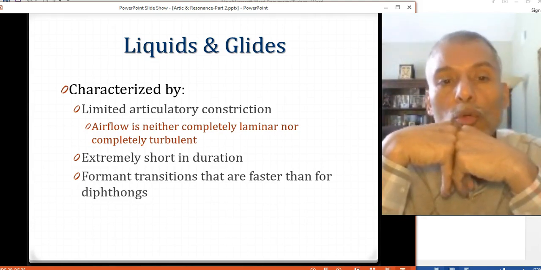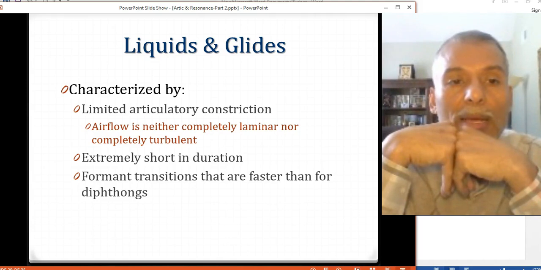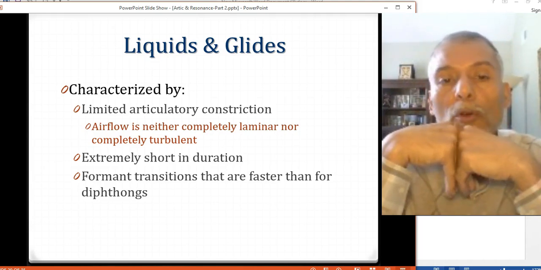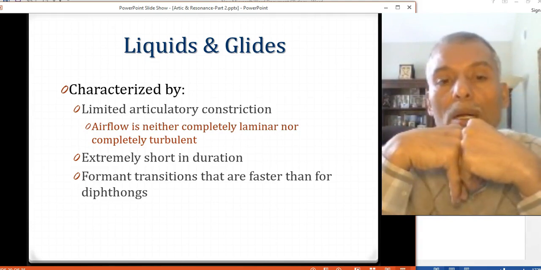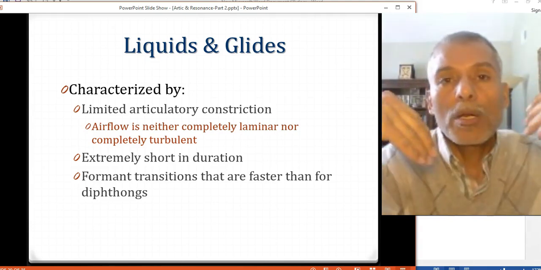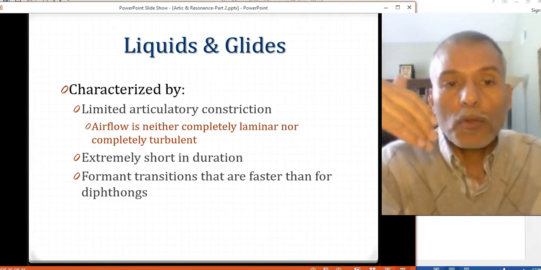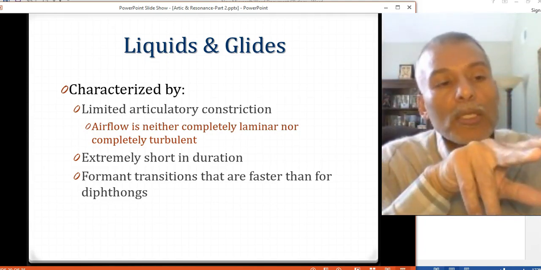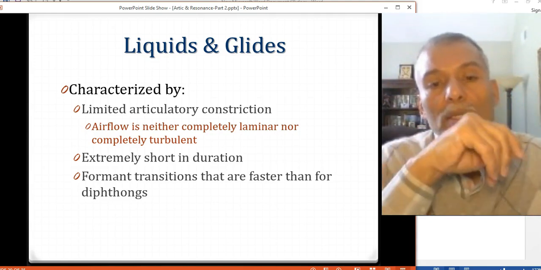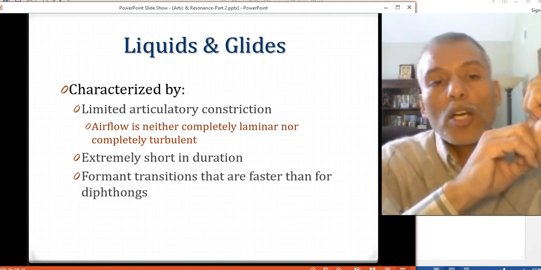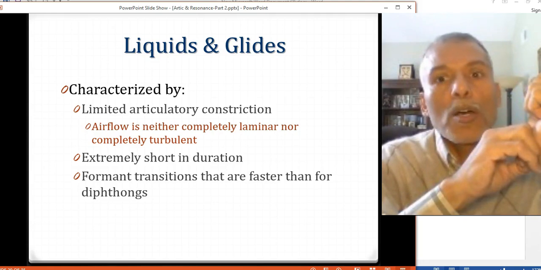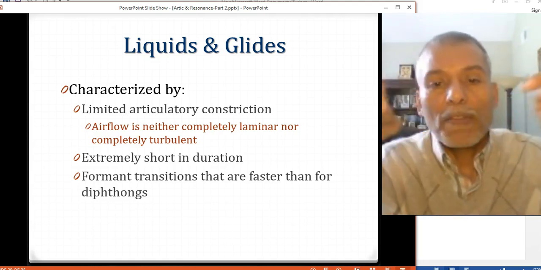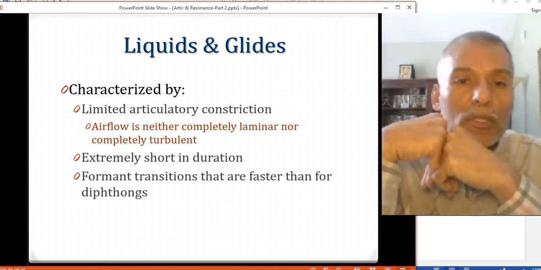The two sounds are shorter in duration, and the formant transitions are faster than for diphthongs. For example, if you have a sound coming next to another sound, and you transition, say "light" or "ring," the transition is faster than for diphthongs.